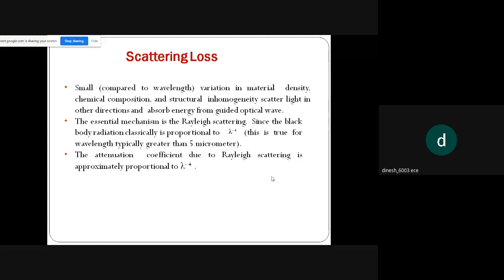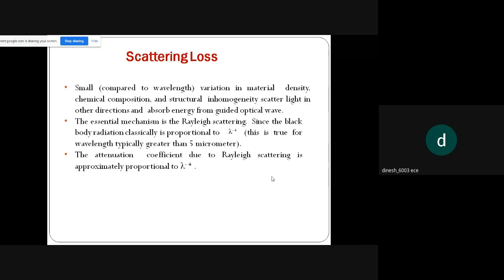Small variations in material density, the chemical composition used for manufacturing, and the structural inhomogeneity from the combinations of different fibers used for fabrication tend to scatter light in other directions.